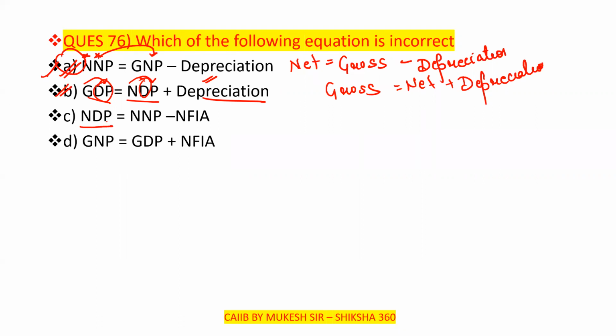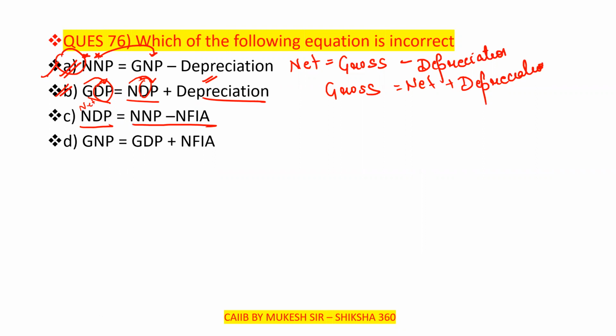Option C: net domestic product is equal to net national product minus NFIA. Net domestic product is equal to national product plus or minus NFIA.